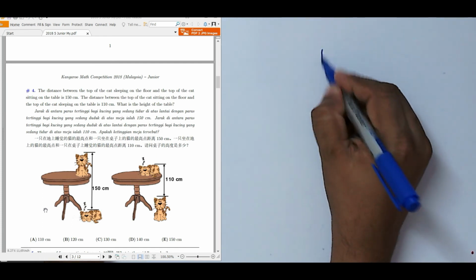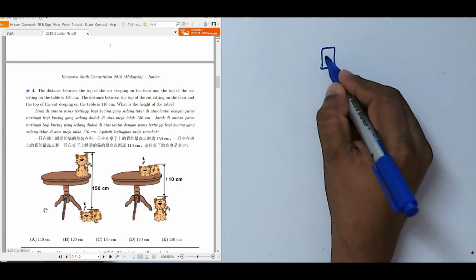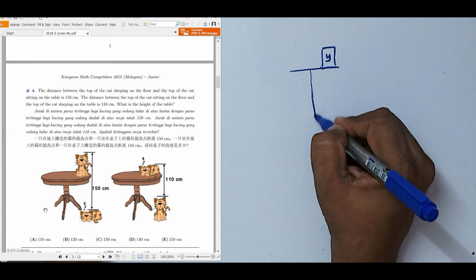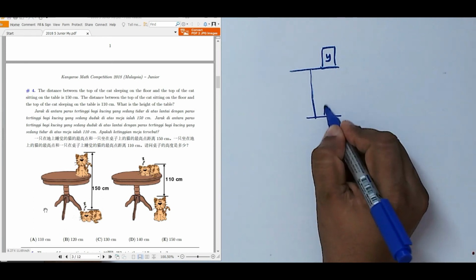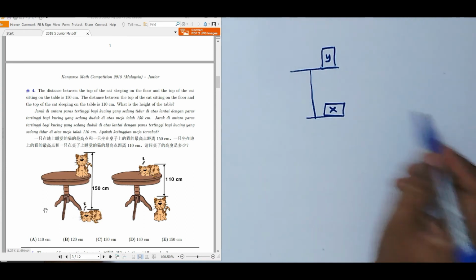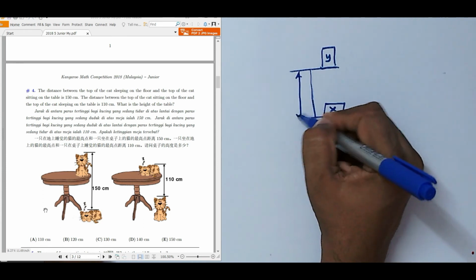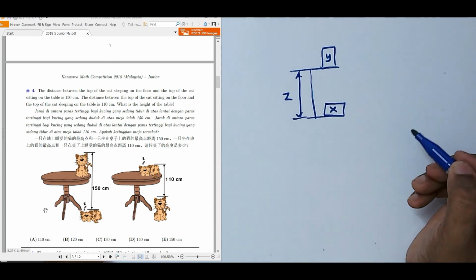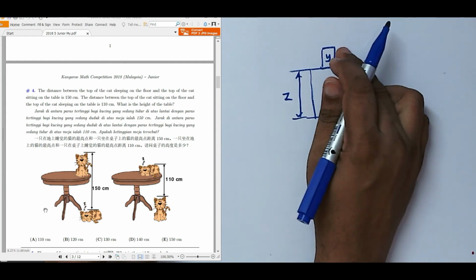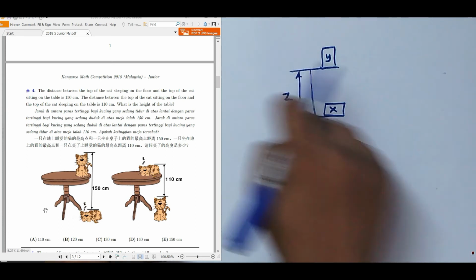We assume this is a standing cat, and let's say its height is y. We have a table, and a sleeping cat whose height is x. Let's say the height of the table is z. These are the unknowns that we create first.